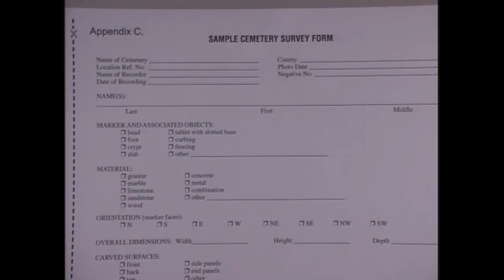This sample cemetery form is a form actually that the state of Texas uses. They gather a certain amount of information that's recorded, such as the name of the cemetery, the location of the reference grave site. You want to include any information on the person and the inscriptions.